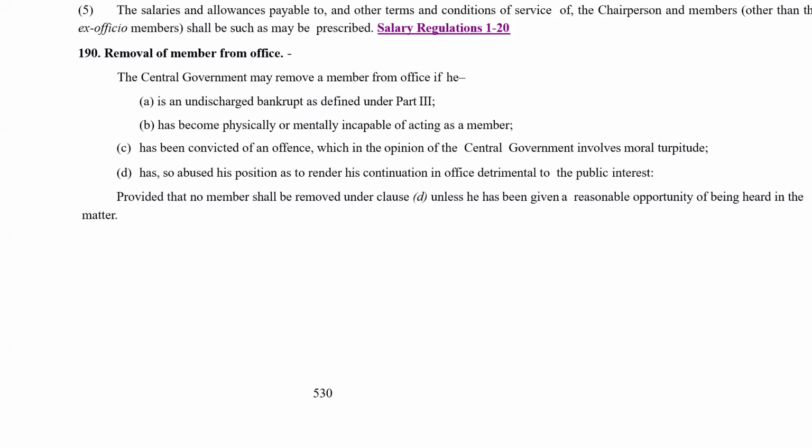So in case of D, in case abuse of position is alleged, so in that case he shall be given a reasonable opportunity of being heard. But in case of other A, B and C, central government may remove a member from office.